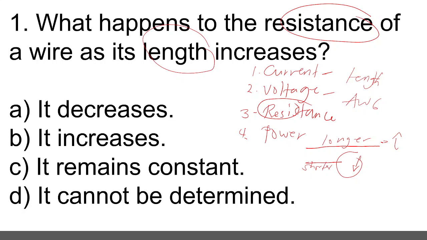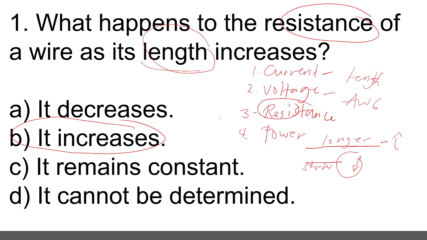Therefore, to answer this question, when the length of the wire is higher, it increases its resistance level. So the answer is, as a wire's length increases, the electrons may encounter obstacles, making it harder for them to flow. That's why there is an increased resistance.